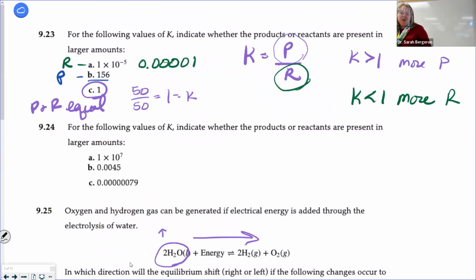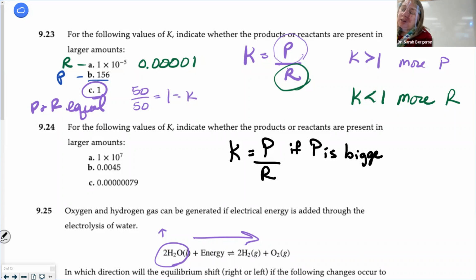So now what we want to do is understand what that means. If I am going to get a value for K, what does it mean? Well, if you understand the relationship, K is equal to our products over our reactants, right? If you take a numerator and divide it by something, if the number on top is bigger, so if P is bigger, what happens to K?